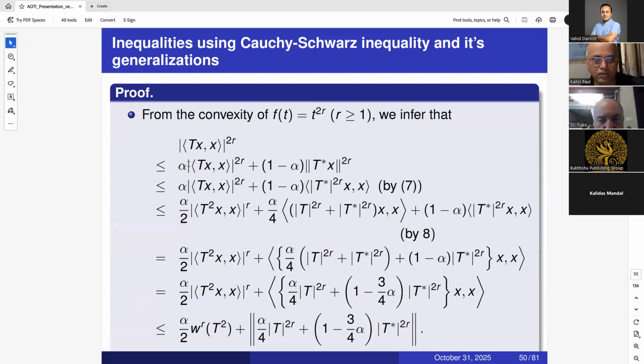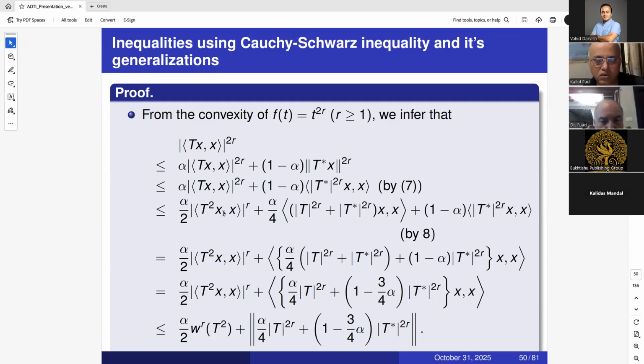Then again, you just use this convexity of the function, |Tx| to the power 2r. You can show that this is less than or equal to this. It is very important that in developing these numerical radius inequalities, you know how to use those tricks.